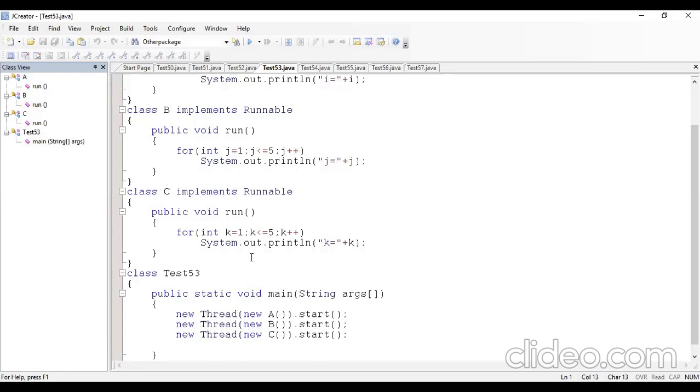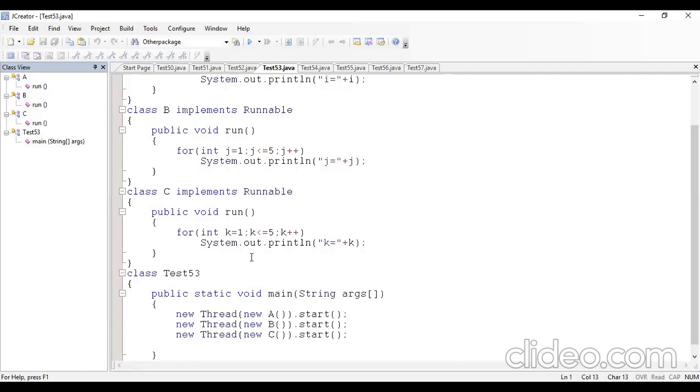So you cannot call a start method on an object of class A, B, or C. Why? Because A, B, and C are implementing the Runnable interface, and the Runnable interface has no start method to start a thread. So what do you have to do?